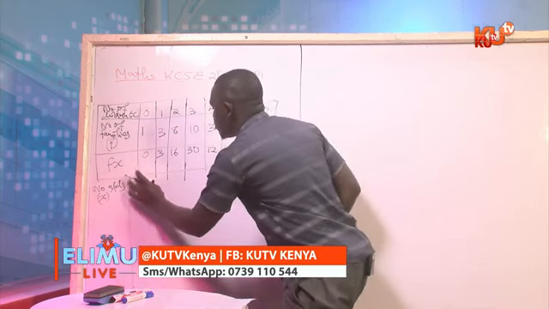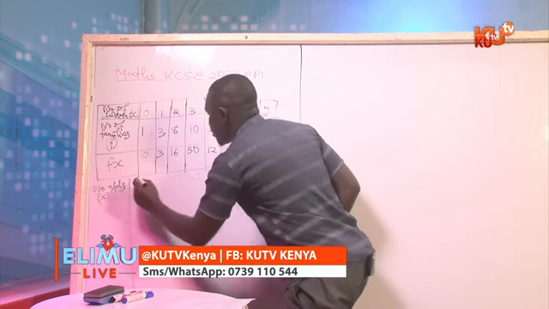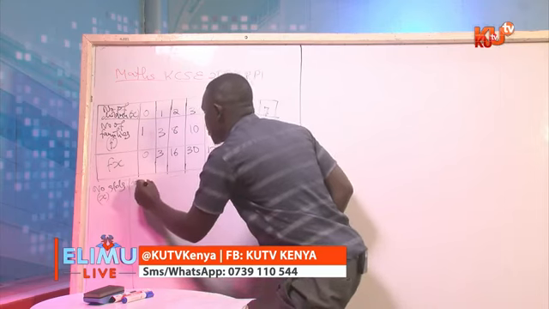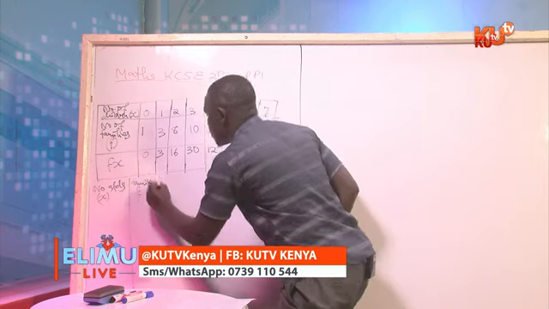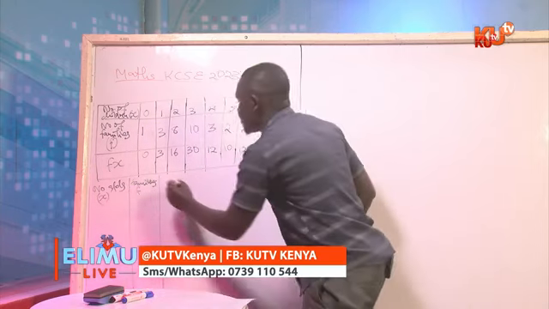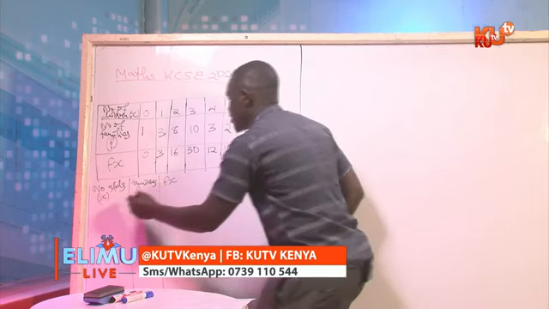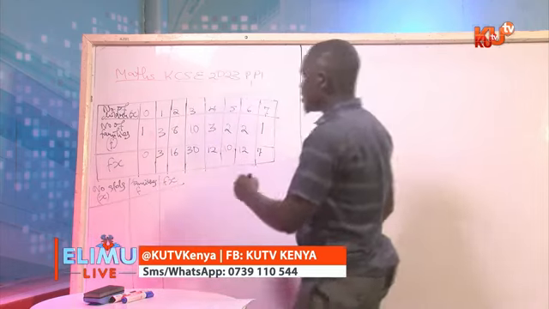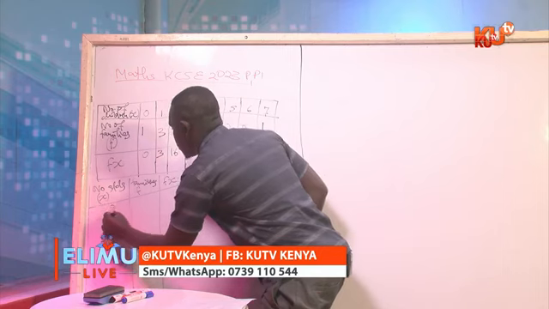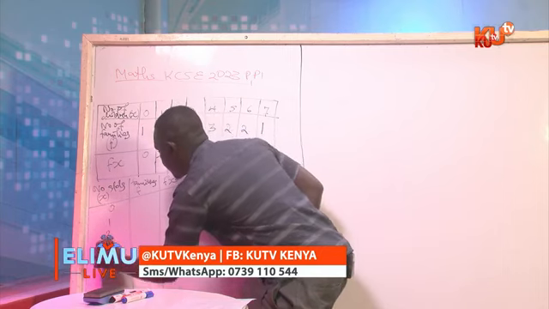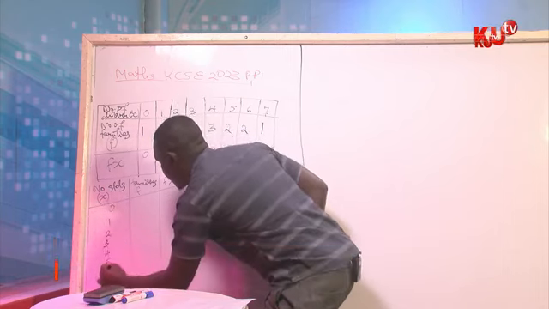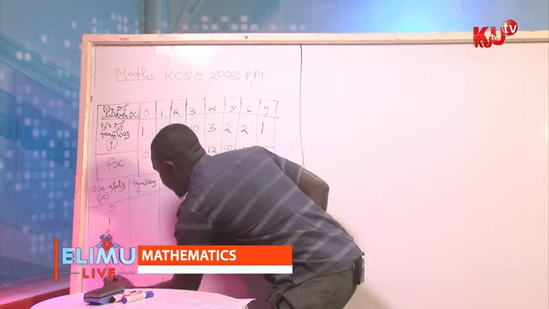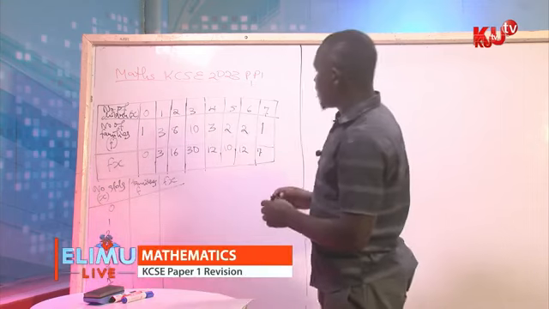I'll have another column for families, which is f. The last column will be the fx. Then it is just 0, 1, 2, 3, 4, 5, 6, 7, like that.